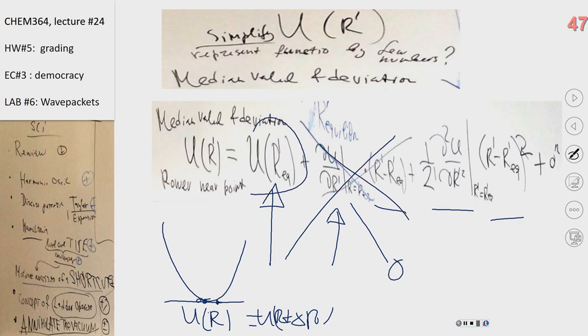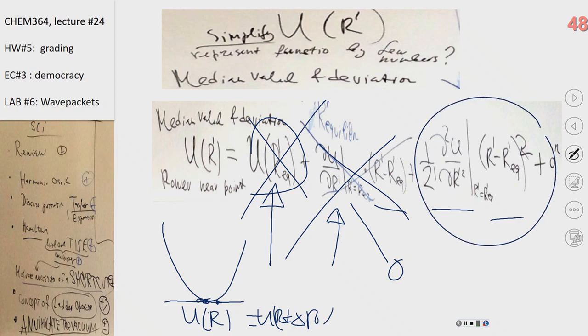The value of this point can be kept, but if we add or remove a constant to the Hamiltonian operator, nothing will change in the law of motion, nothing will change in quantum observables, nothing will change in the future. So we can arbitrarily add or remove it, and we will drop this term as well. And here we will have the square of the distance from equilibrium and the second derivative of the potential energy surface.